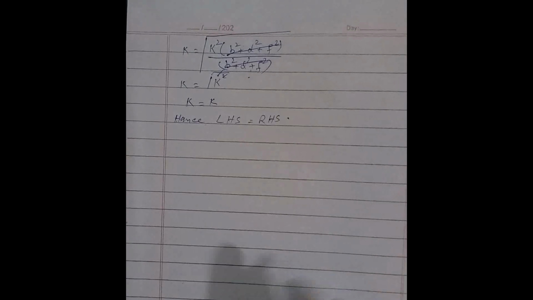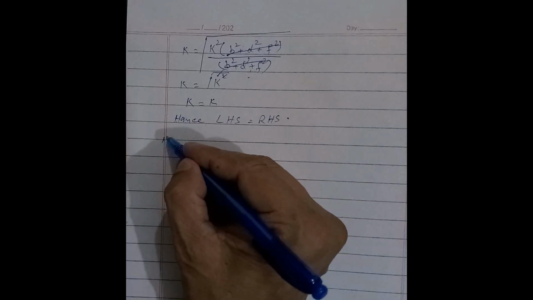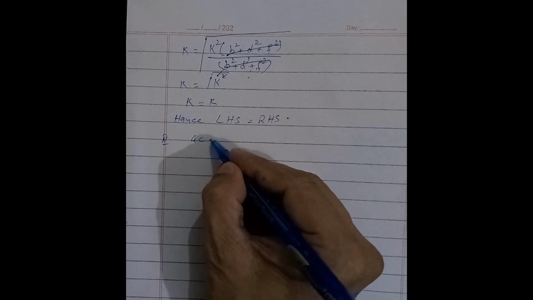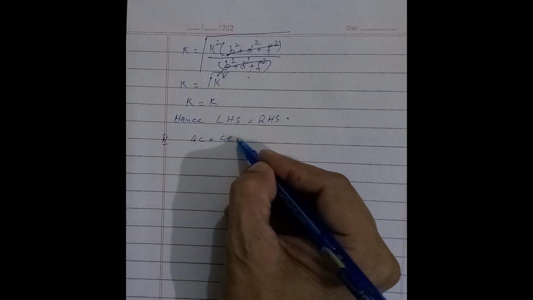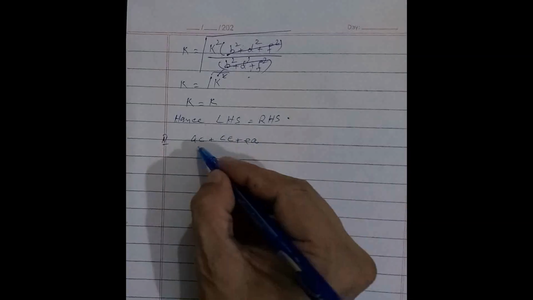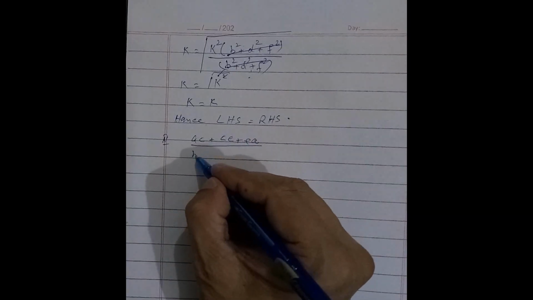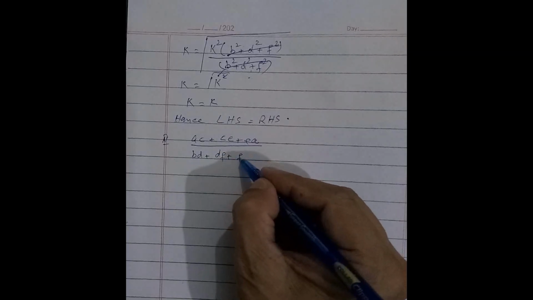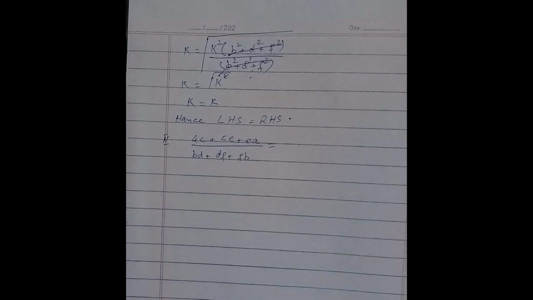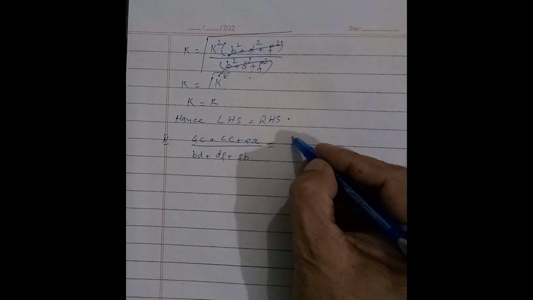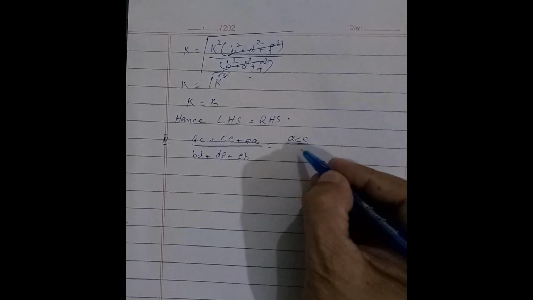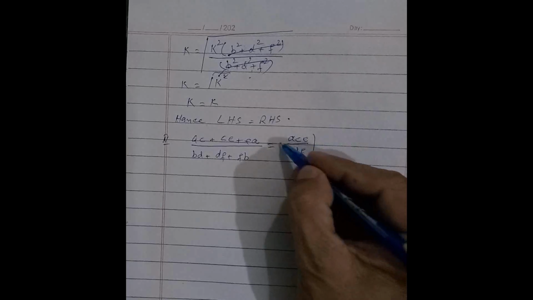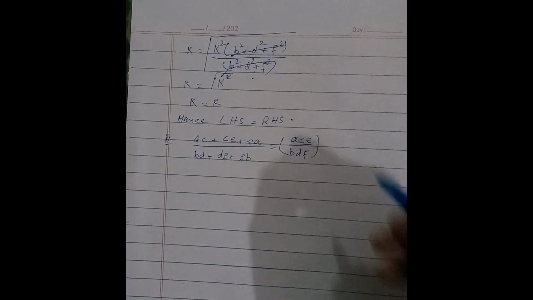The next is our second part, in which (AC plus CE plus EA) over (BD plus DF plus FB) is equal to (ACE over BDF) whole power 2 over 3.